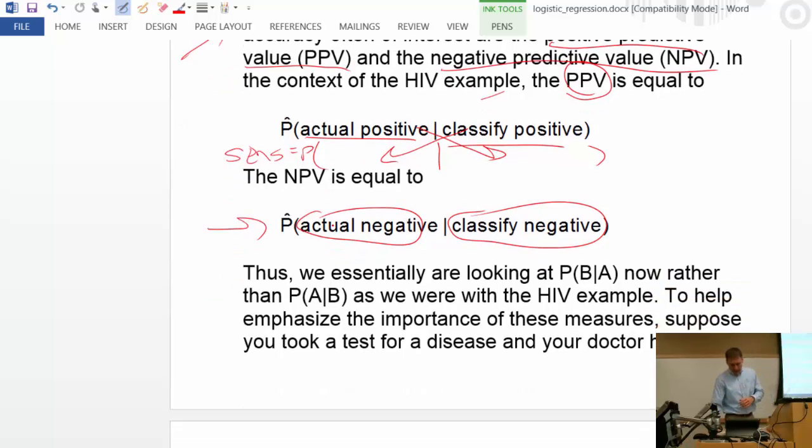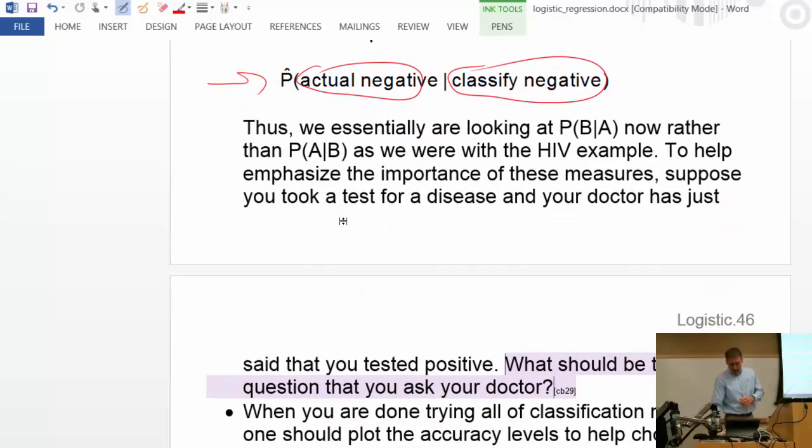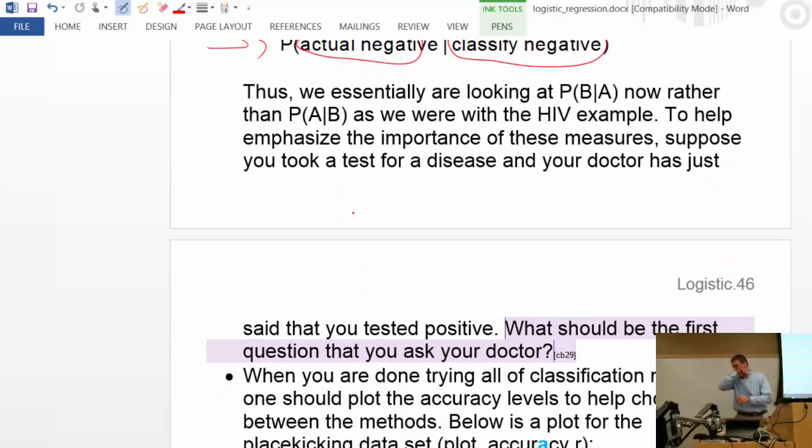Here's why. I think this is a good example. Let's say that you're being tested for some kind of infectious disease. The doctors had some lab work done on you, and the doctor comes into whatever room you're sitting in with the results of these lab tests.